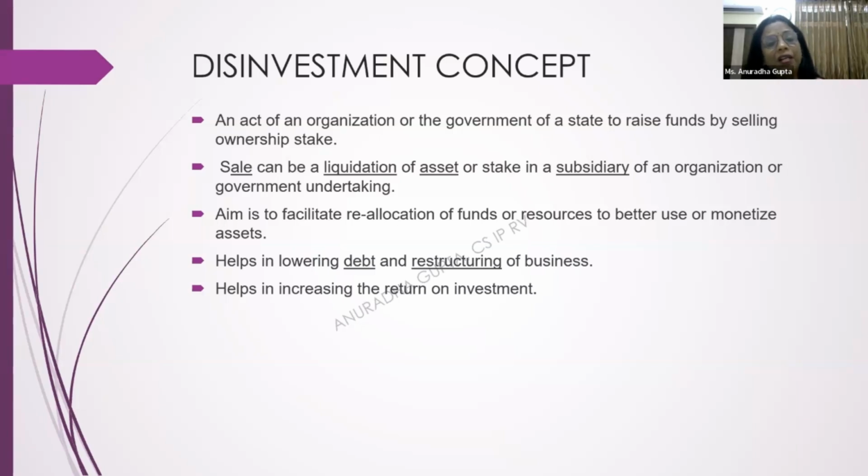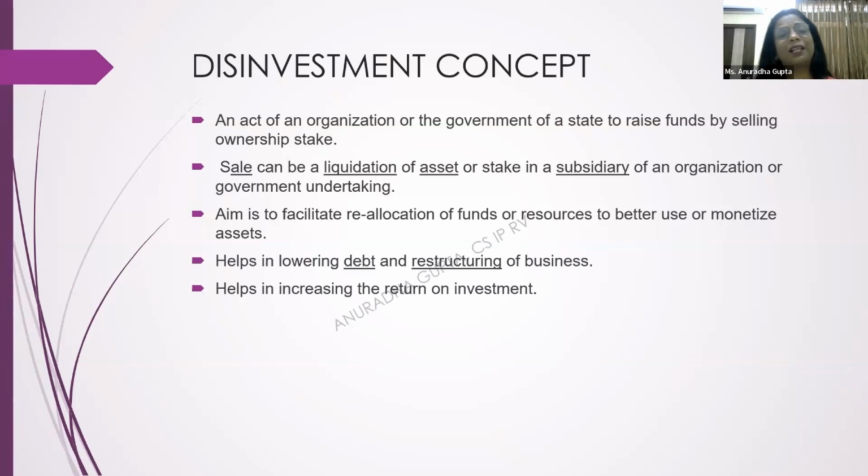Because whenever the government is managing a company, the funds being used in that company somewhere or other belong to the public. How is the government paying salaries to those people in government undertakings? Obviously, from the taxes paid by the public or other sources of revenue, which is ultimately recovered from the public at large.